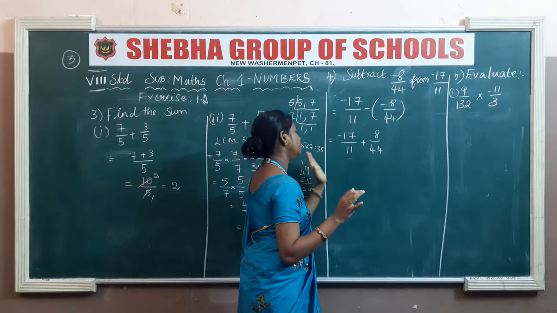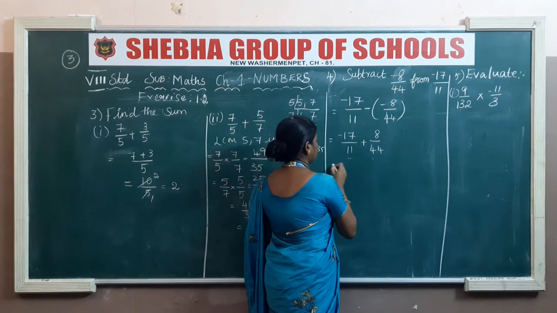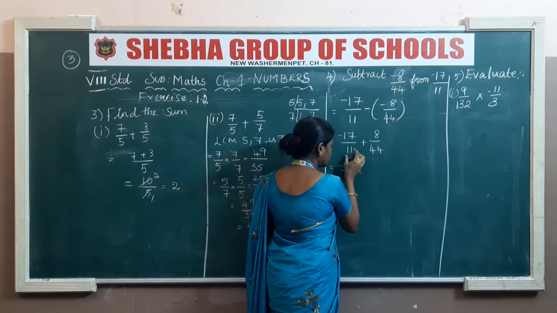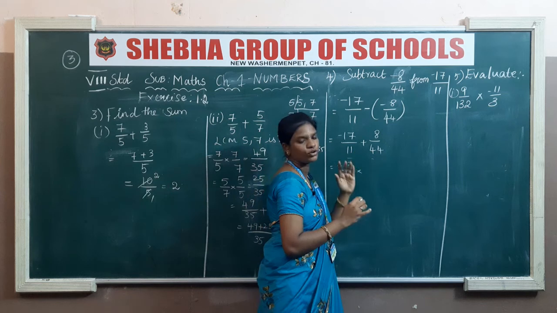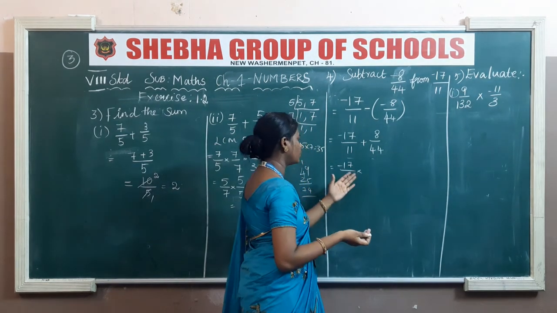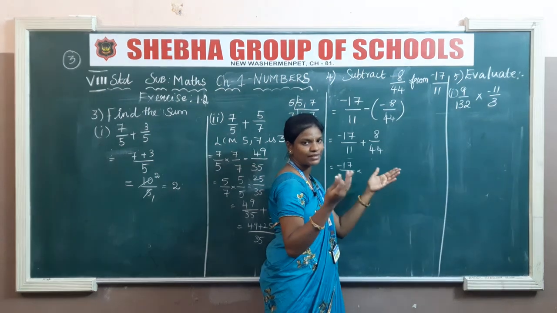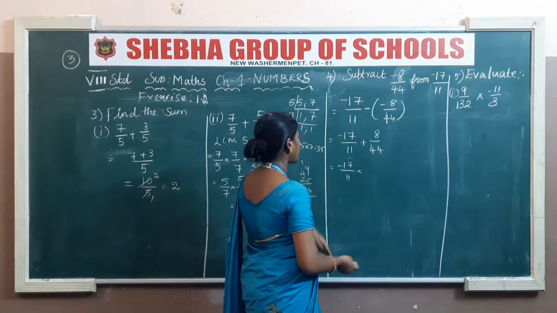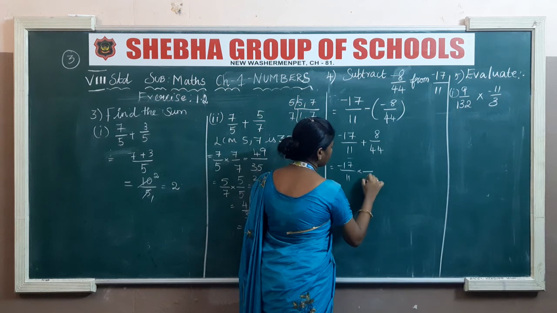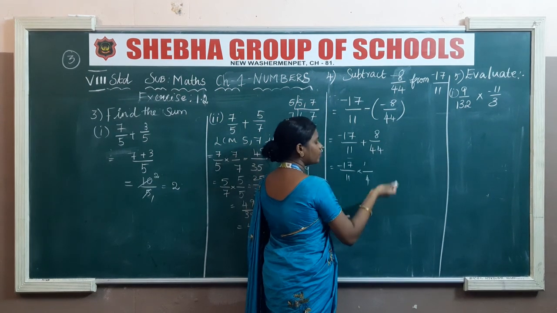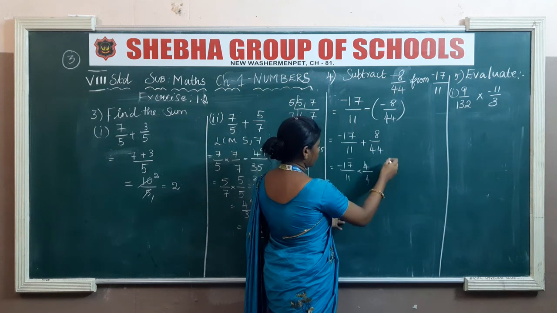This is the easy method. So minus 17 by 11. In the 11 table, 44 is how many times? 4 times. And for 44, in the 44 table, 44 is how many times? 1 time. So the LCM is 44. For the first fraction we write 4 in the denominator and 4 in the numerator.